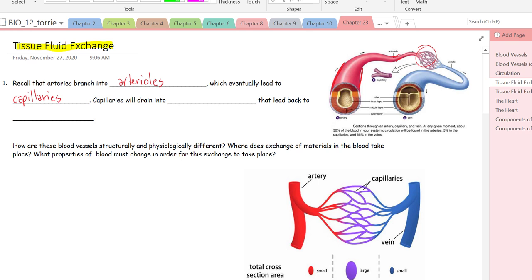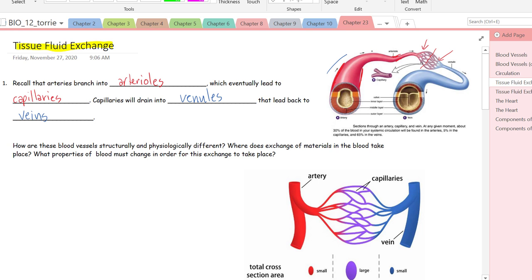All right, and as we look, we can almost see that the capillary is also divided in itself in terms of what we call the arterial end of the capillary here, and this side, which we call the venule end, because capillaries essentially will drain into venules, right? And those venules, smaller, will eventually lead back to veins. And so that's sort of this layout here, right?